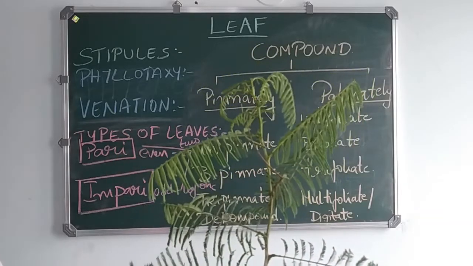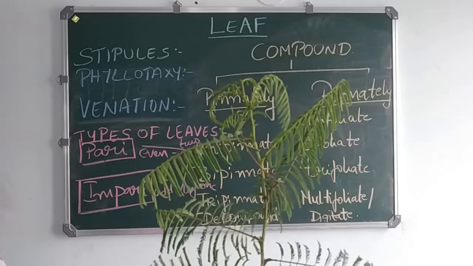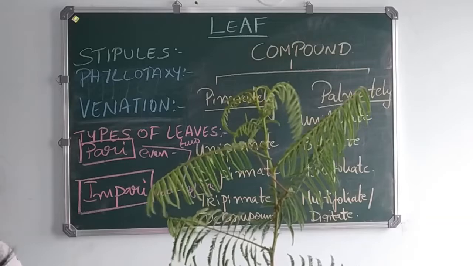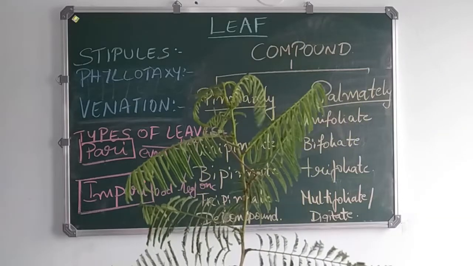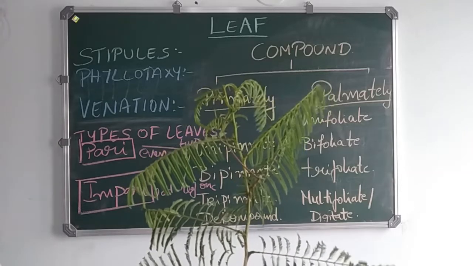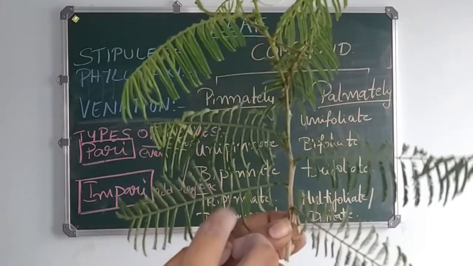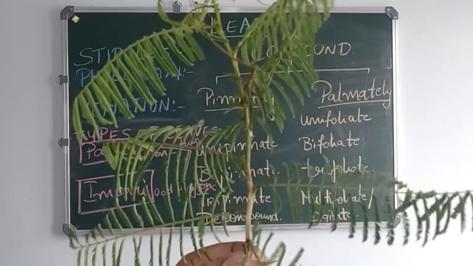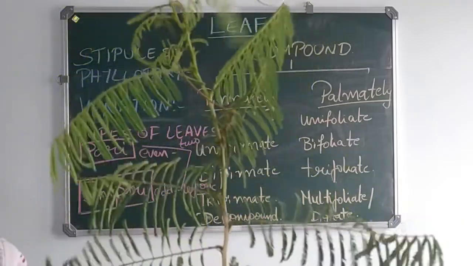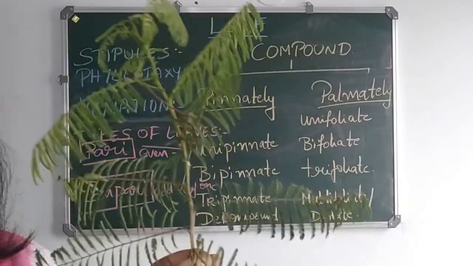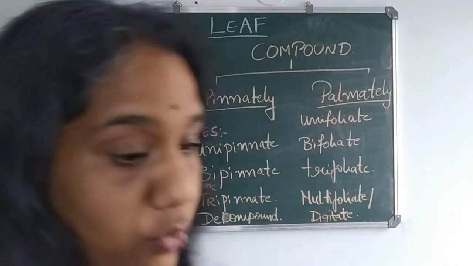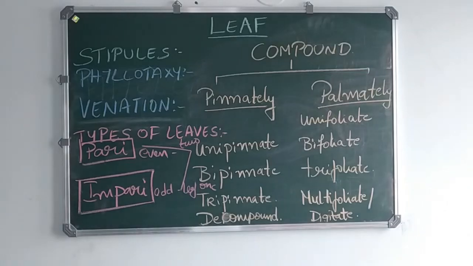Onto the main stem, there is one rachis, and again that rachis is broken down into further rachillae. Since there is two-time breaking down of the leaf lamina, one the main rachis and one more the small ones here, and you can see the small tiny leaves attached to that particular rachilla, that is why we call it bipinnate. An example for this is acacia, Australian acacia. I'll come to Australian acacia later for what it is an example for.